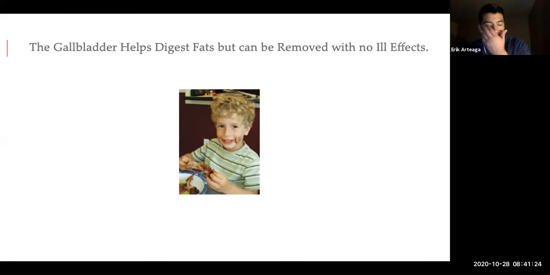One of the things that we've noted with mothers who've lost their gallbladder is that they cannot eat the same foods. They have the ability to break down the fats, but they don't have that gallbladder that's going to help control the bile salts, or the bile that's being produced.